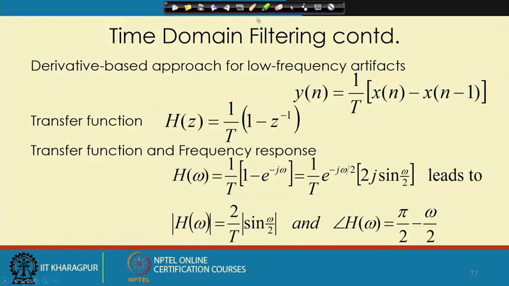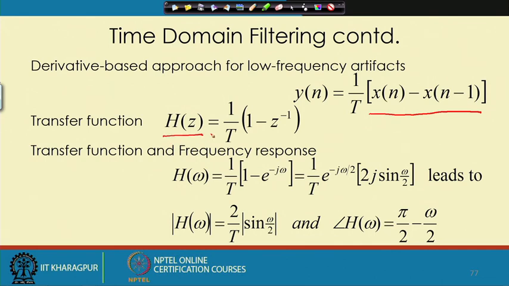Again it is a time domain filter and again it is in the form of an MA filter, but some of the coefficients need to be negative in this case. Here we have taken the simplest form of it, taking the difference between the present and the past input value, and the corresponding transfer function is given here, H(z).